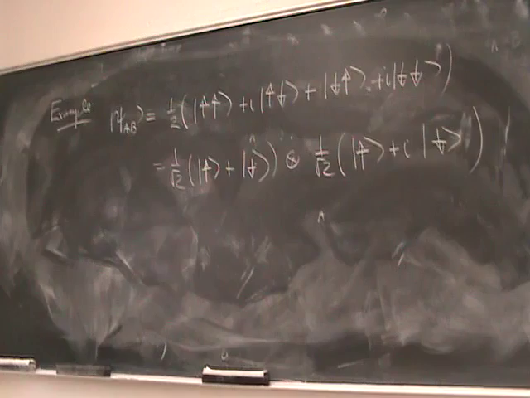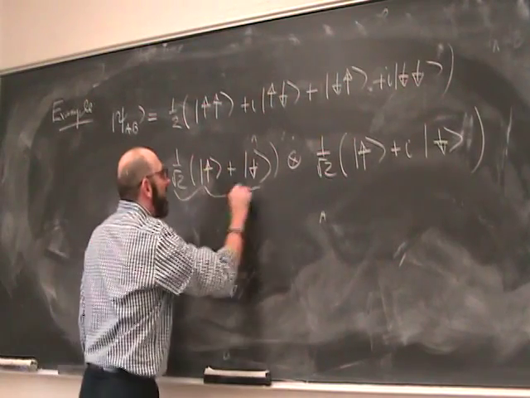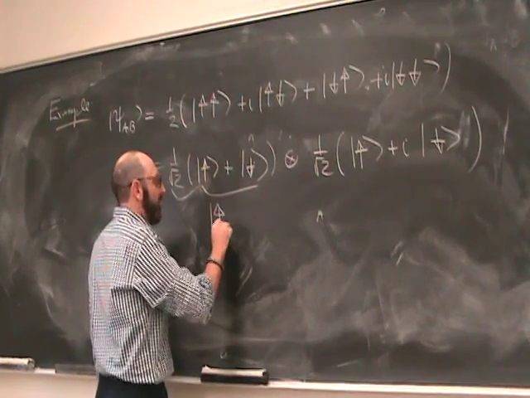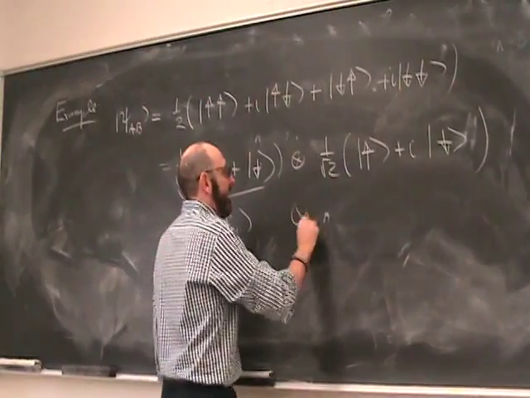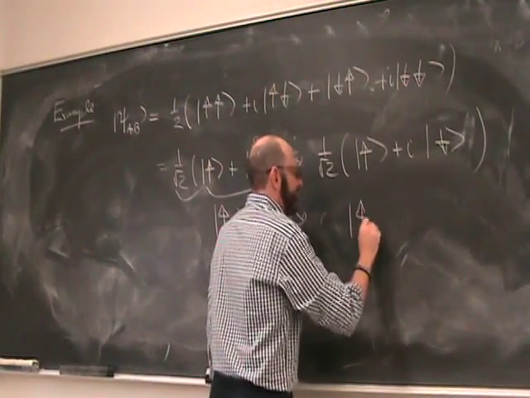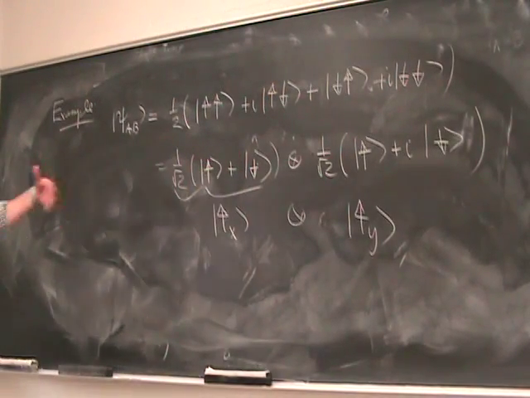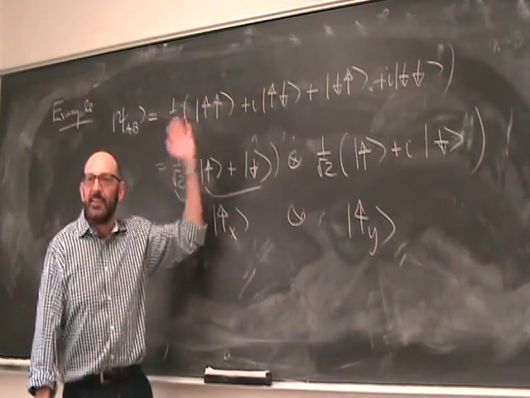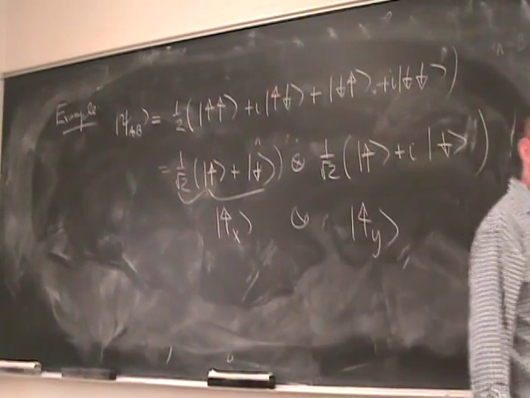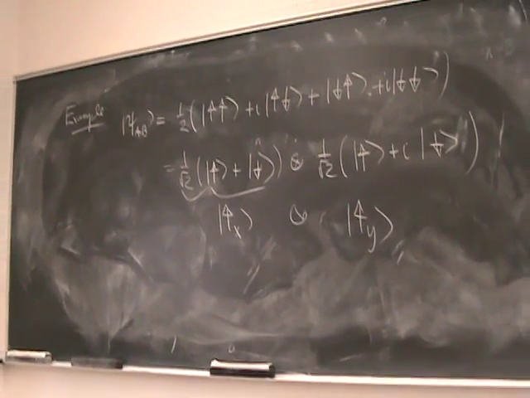It's a product state. It's a product state of spin up along X and spin up along Y. I kind of just fooled you by writing it out in the Z basis.